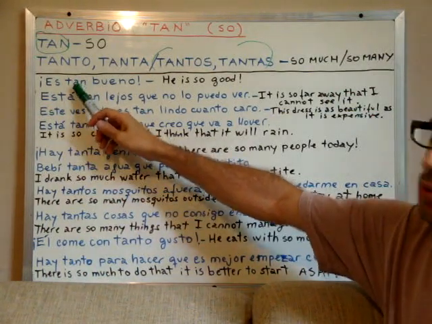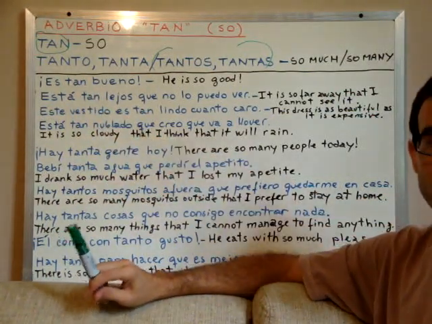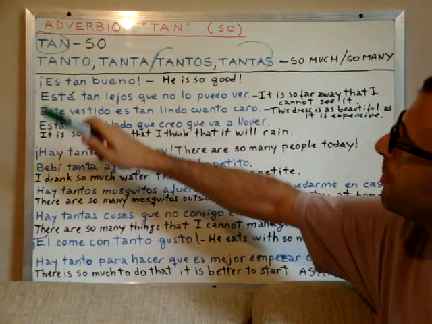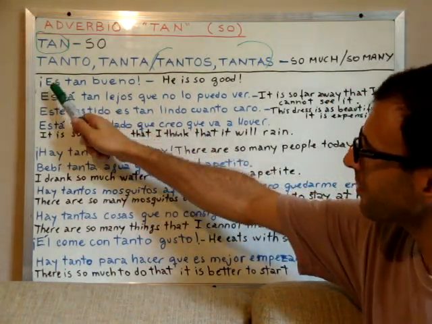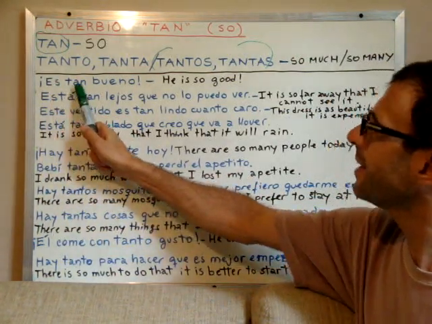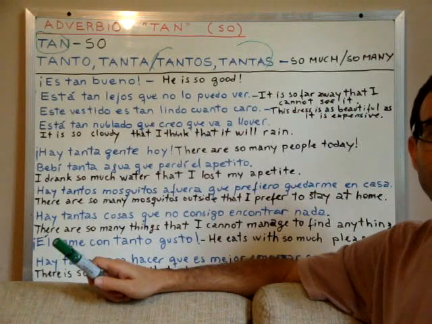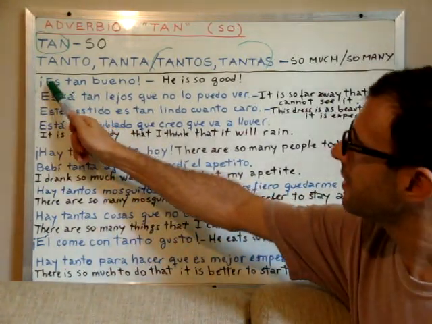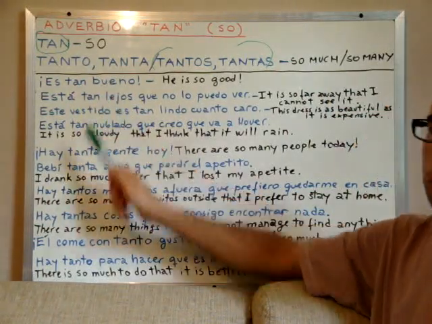So in blue, I have the sentence in Spanish. In black, the sentence in English. Let's begin with the first example. This is an exclamation. Es tan bueno. Es tan bueno. This means he is so good.